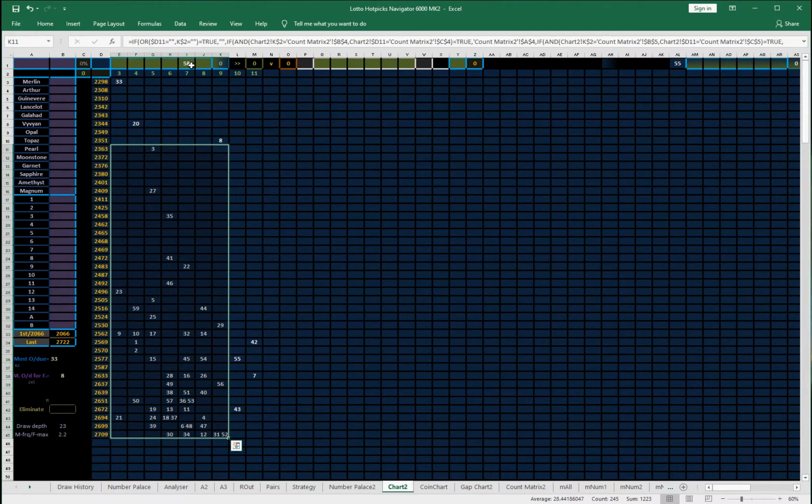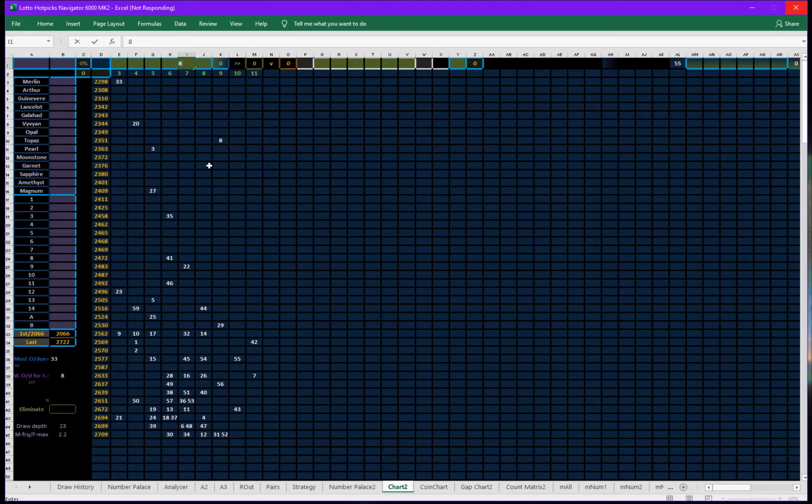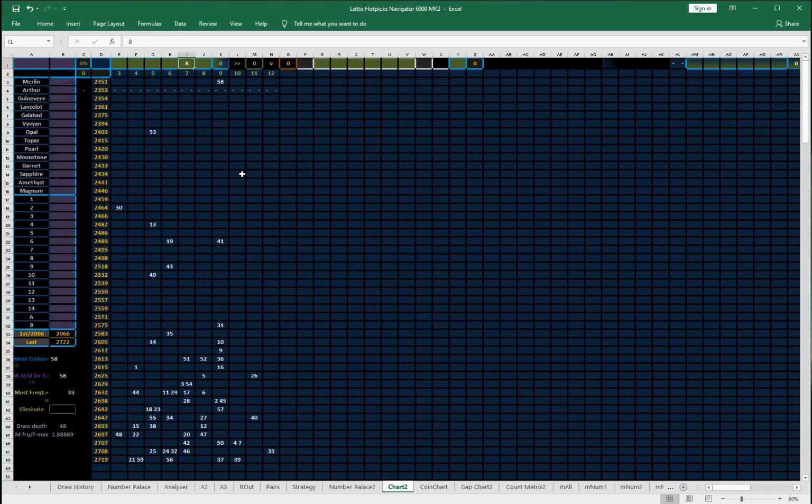And then if we look at the chart for number 8, basically we're measuring the frequencies of all the numbers only in the draws where number 8 was one of the numbers drawn. So you won't see number 8 on its own chart, you'll just see all the other numbers with number 8.